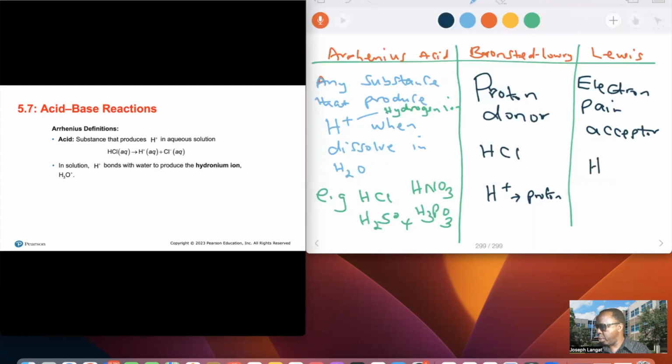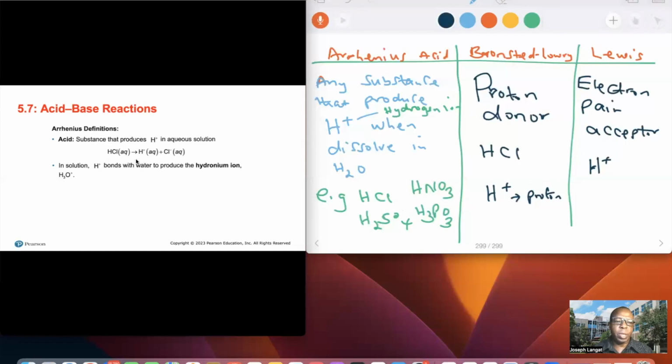So something such as H plus can accept two electrons to be like helium. In this case, if you accept a pair, we call this electron pair acceptor. So at the outset, please understand that there are three definitions of an acid, not only the Arrhenius definition, that anything that produces hydrogen is called an acid. There are three definitions and sometimes it can be narrowed down to a specific version of the definition.